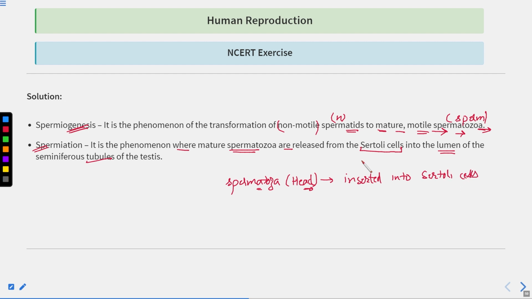Why? Because they give nourishment to the spermatozoa. Then during spermiation, the spermatozoa are released from the Sertoli cells, where they were inserted, and are transferred to the lumen of the seminiferous tubules, which are present in the testes. So this is known as spermiation.